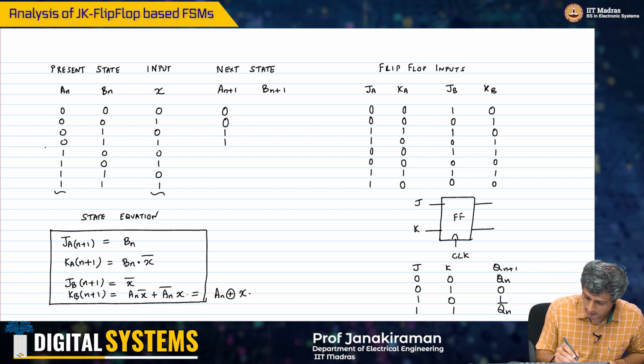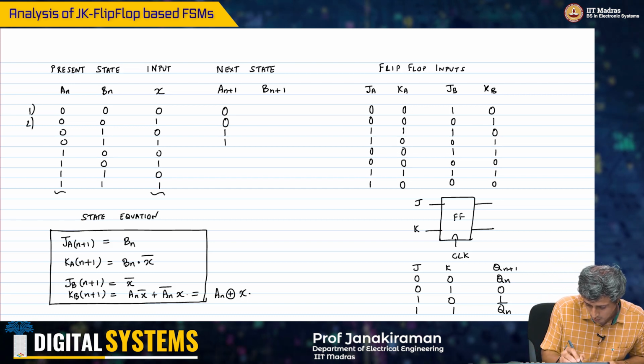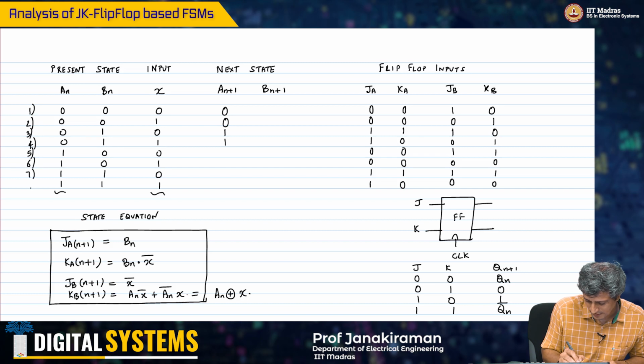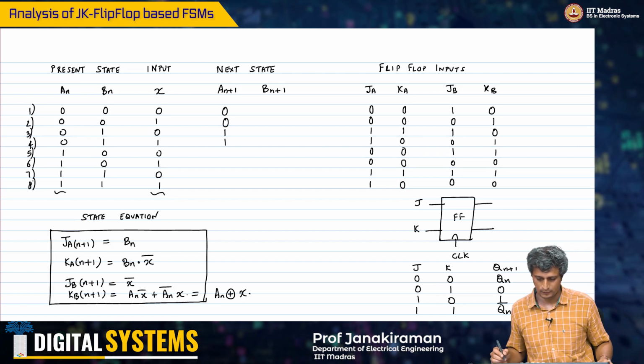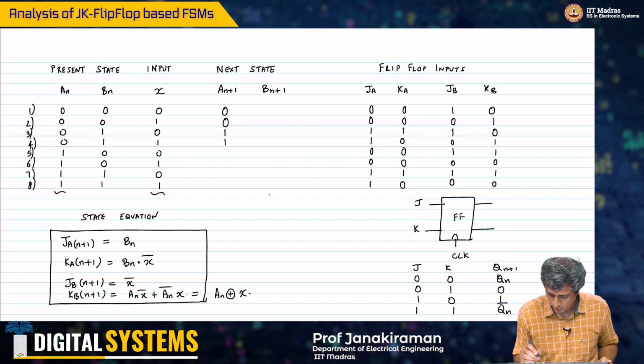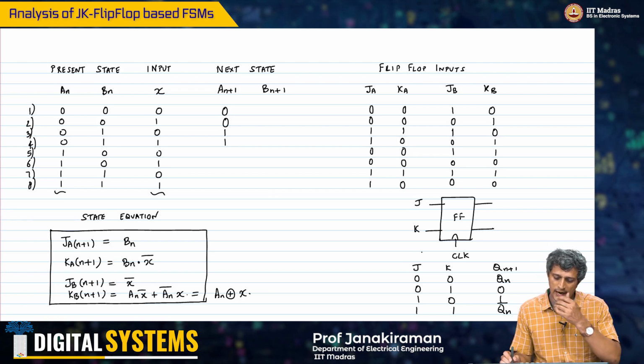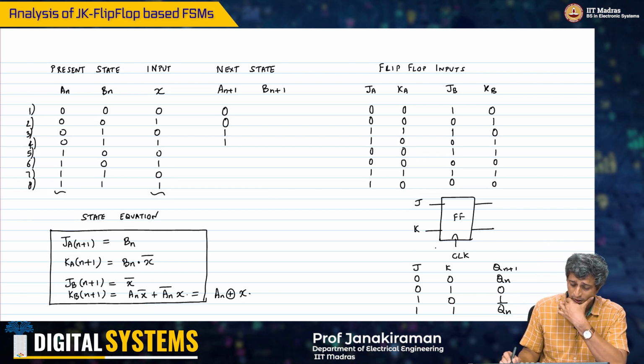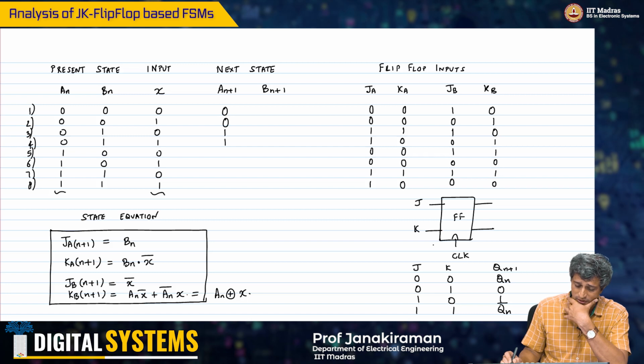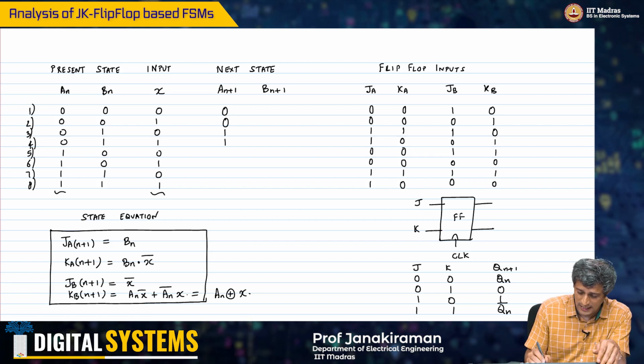If you look at, let me number them again, 1 2 3 4 5 6 7 8. I am now looking at the fifth entry, JA and KA are 0 0, which means that it will just hold that state as it is.